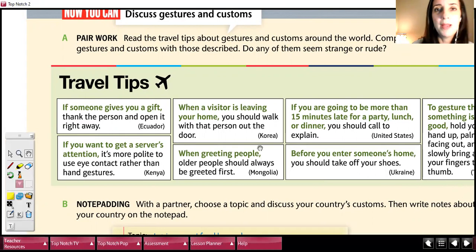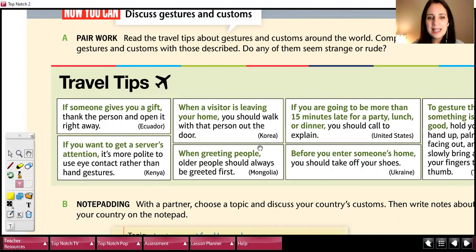So what do you think about it? Usually we open right away because it's not so polite if you get something from someone you like and just leave it beside or leave it behind you, and you don't give the right attention. You open, then you thank the person. Yes, so this is really polite here too.